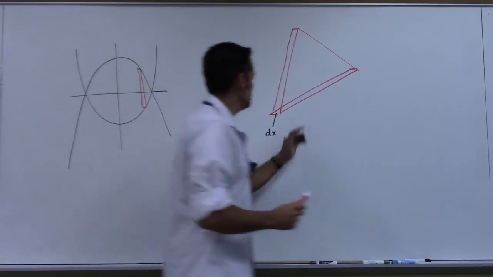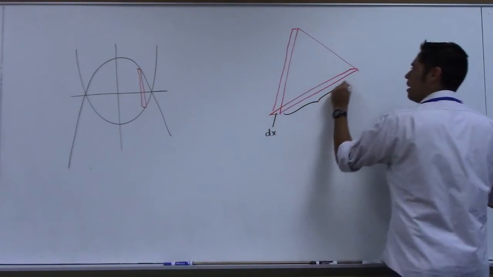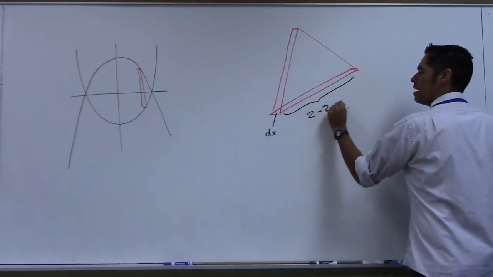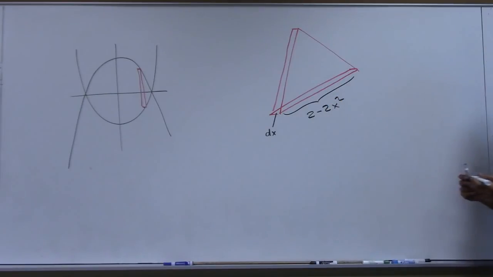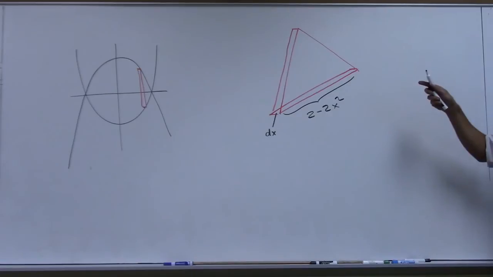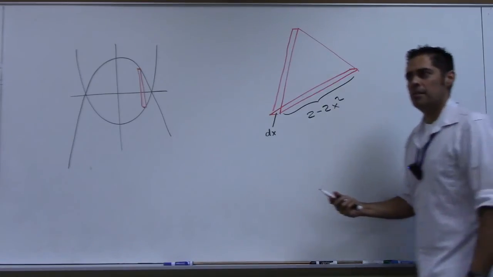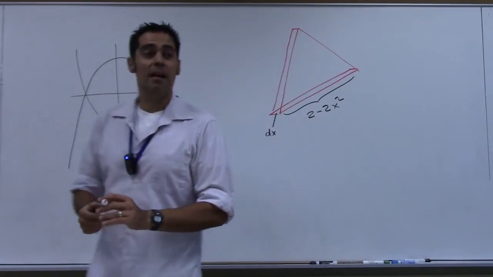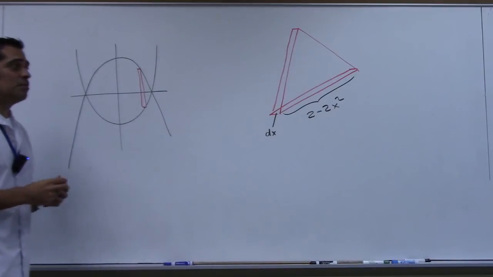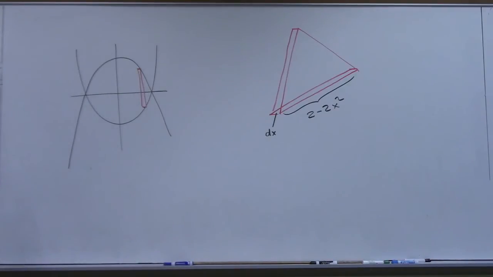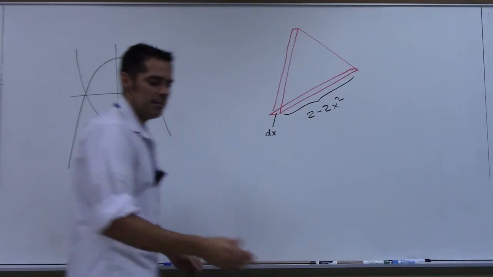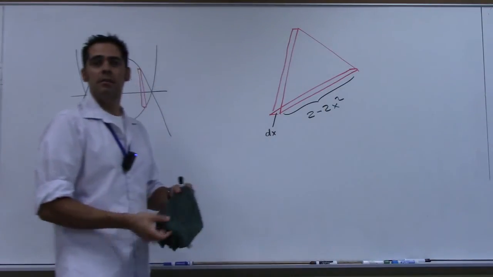I heard Zach said that this right here we know is what? 2 minus 2x squared. We've got that? All of them are the same, aren't they? But what's the area? One half base times height. Do you know the height? All the sides are the same, but that doesn't tell you anything about the height.